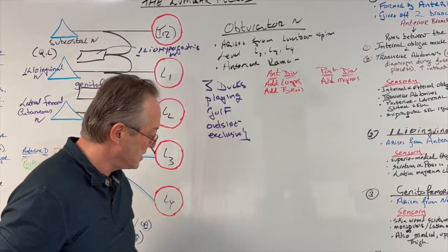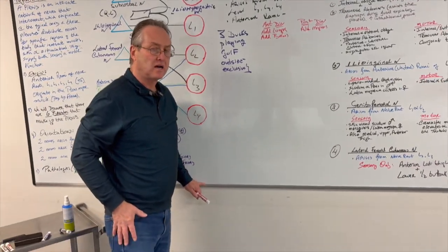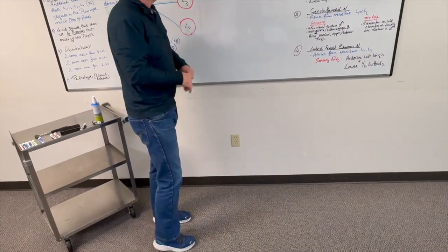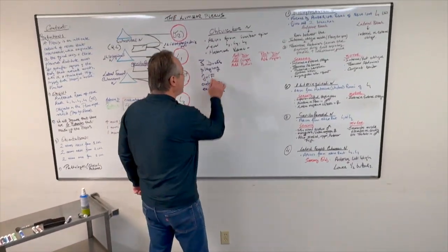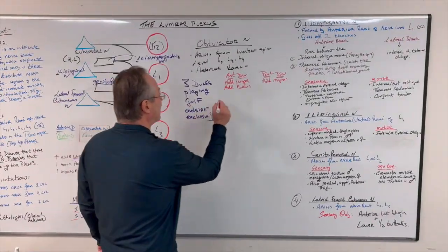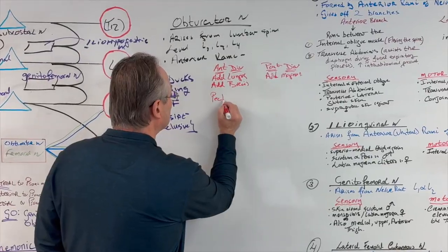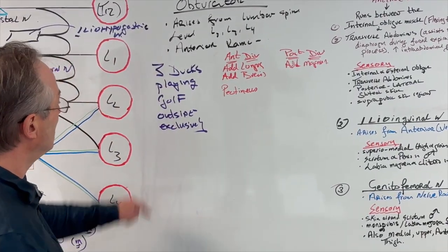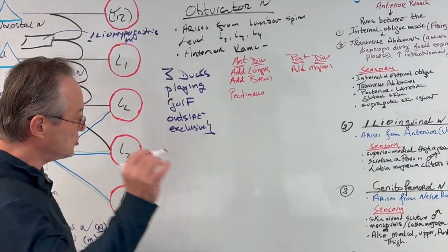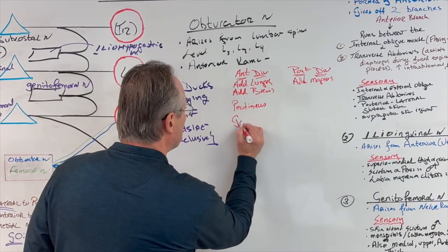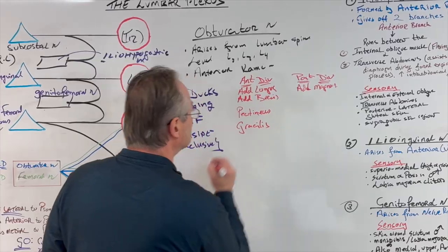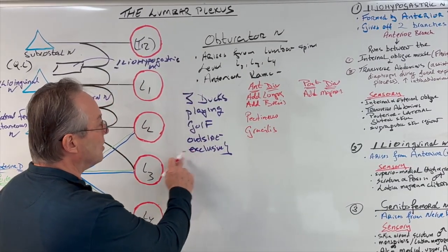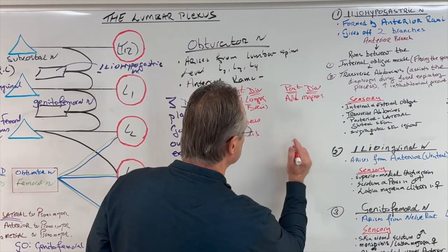What are adductors? If you're in the abduction position, you bring it back to the midline. You adduct. Playing, P, what is that? That's the pectineus, in the anterior division. What's the G? The G is your gracilis. So we have 4 in the anterior division, and we got 1 more in the posterior division, and that is your obturator externus.